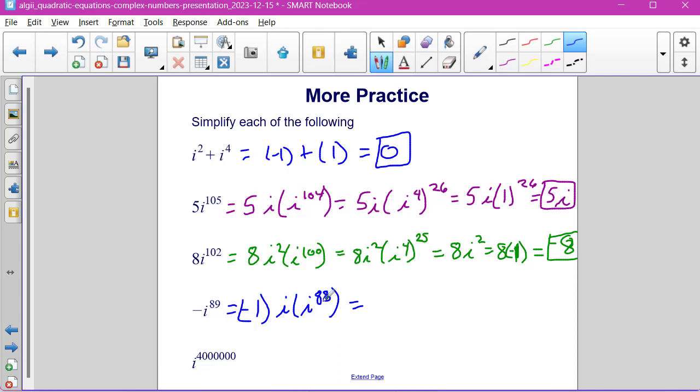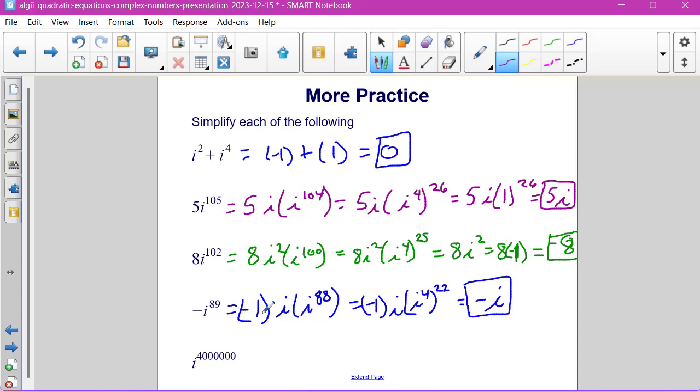And i to the 88th power can be rewritten as i to the 4th raised to the 22nd power. We have a negative 1, and we have an i. Well, i to the 4th is 1. 1 raised to the 22nd power is 1. So we just have a negative 1 times i, which is negative i, as our final answer for this problem.